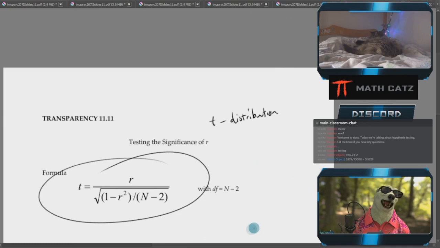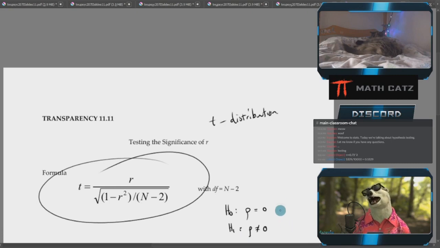So before I show the examples, what we're testing here is our null hypothesis that the correlation between the two populations is 0, versus it is not 0.